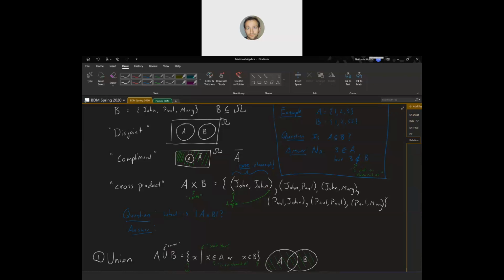But 6 can be many things. 6 can be 1 plus 5. 6 can be 10 minus 4. This 6 is 2 times 3. So the size of A cross B is equal to the size of A times the size of B. Okay, great.